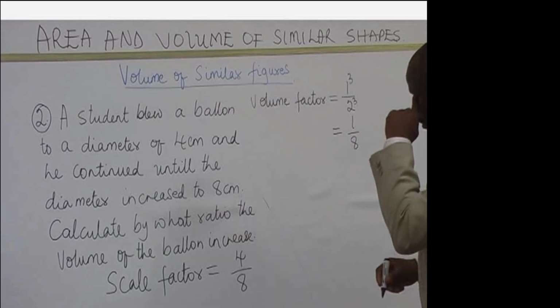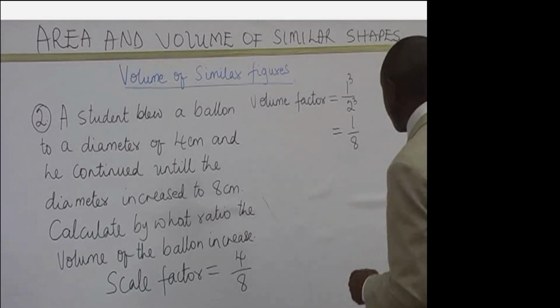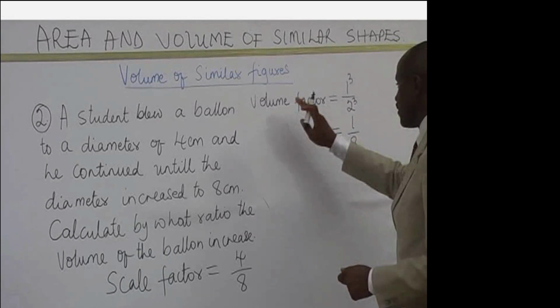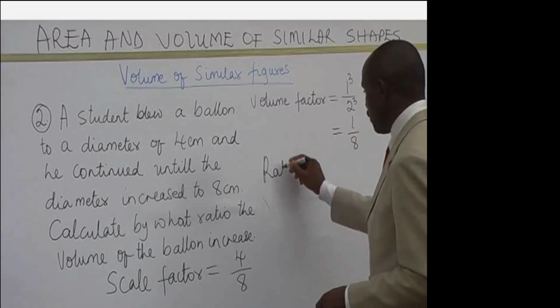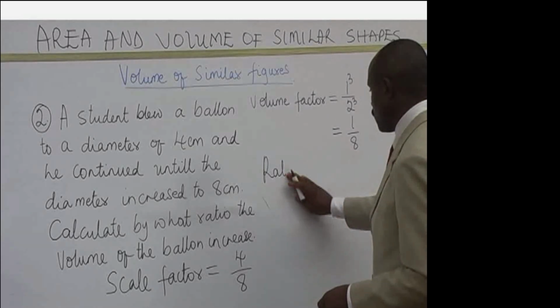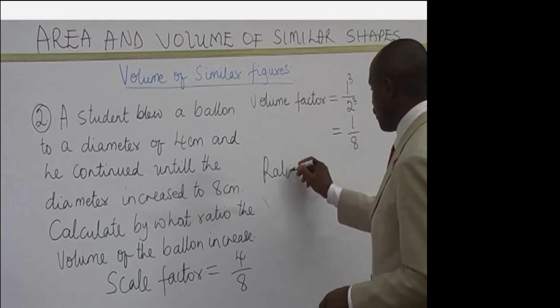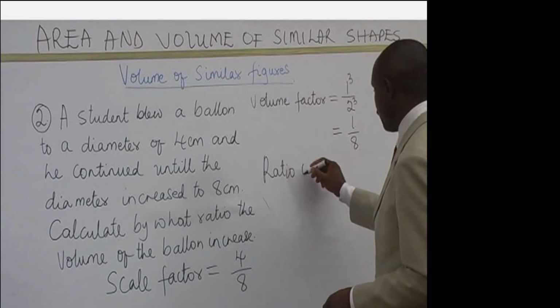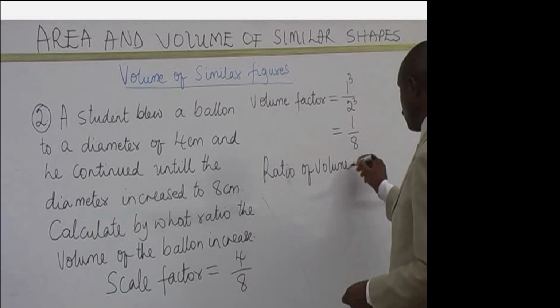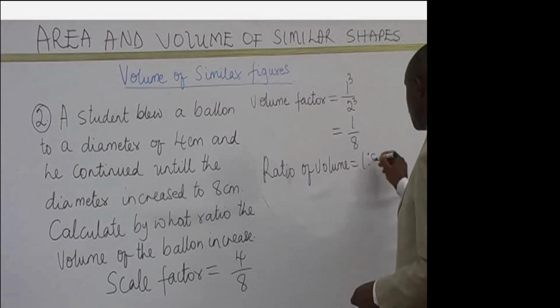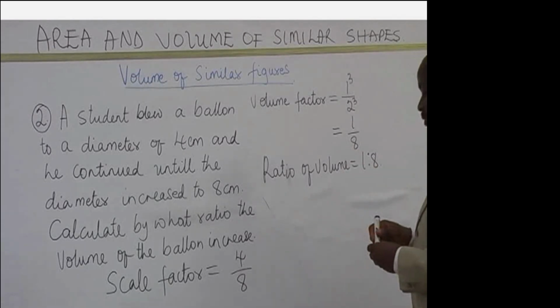Now the ratio is just writing this volume factor in ratio form. That will give you the volume ratio, ratio of volume. One is to 8, and that answers that question.